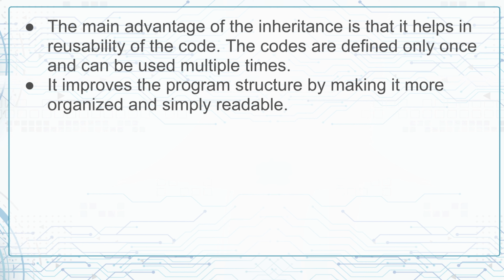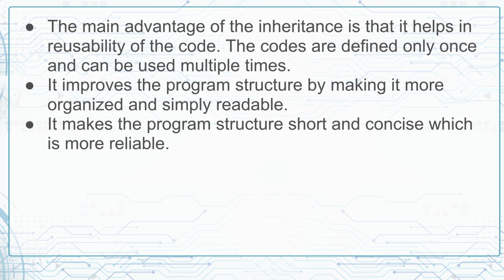So by dividing your code into small classes and using the inheritance relationship between them, you are making your code more organized and simply readable. It makes the program structure short and concise, which is more reliable. As we said, small classes, better reading, better understanding, and for sure, more reliable.